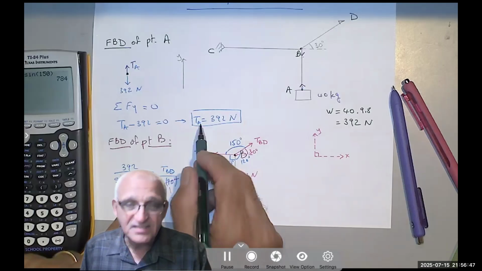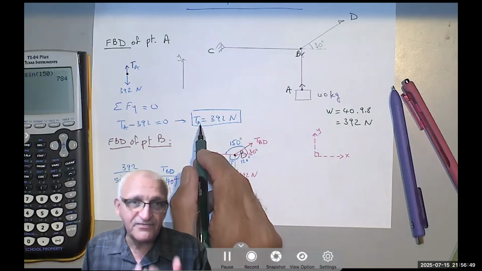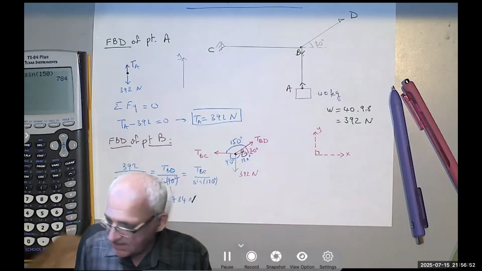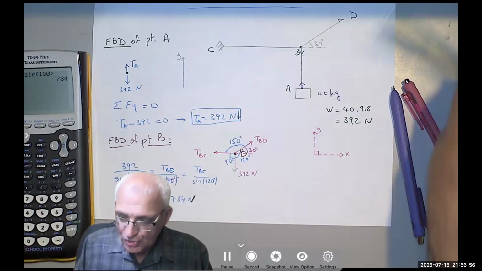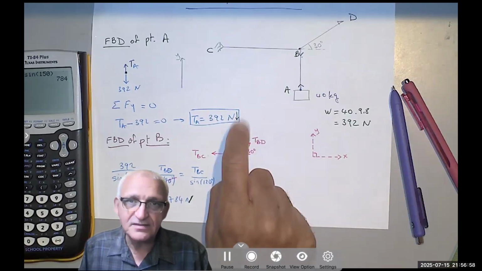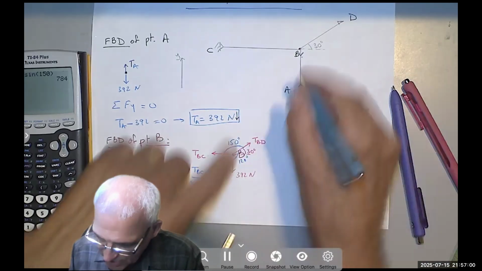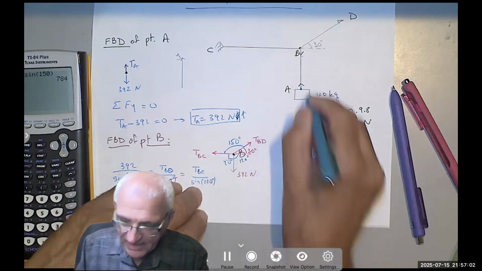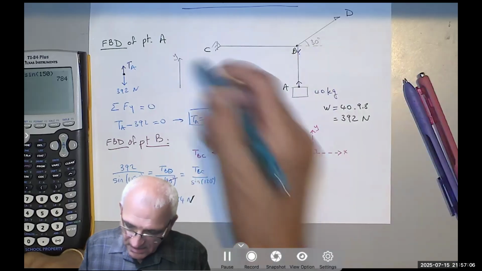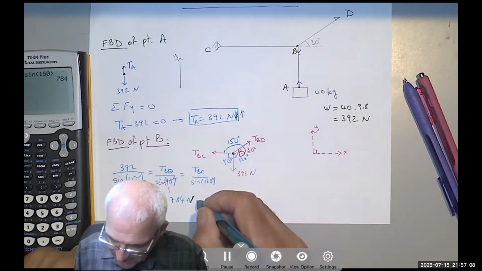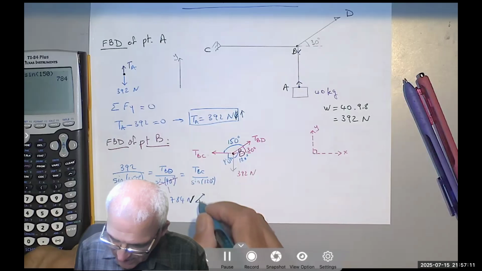And some people, because it's a force, once you say 392 Newton, you draw an arrow going down to show the direction of the force. I'm sorry, in this case, it was going up like that. When you come here, TBD, you saw we draw it as an angle that makes 30 degrees.